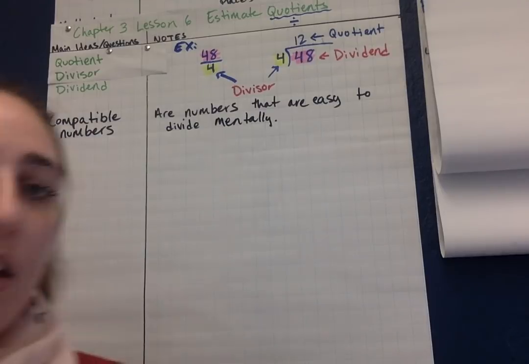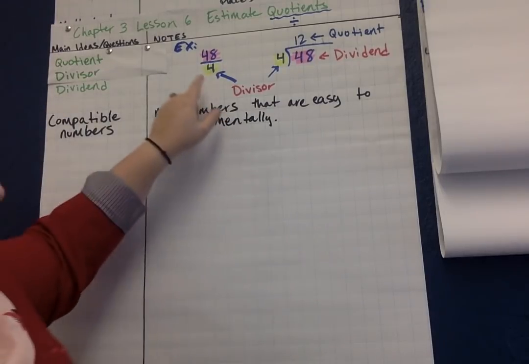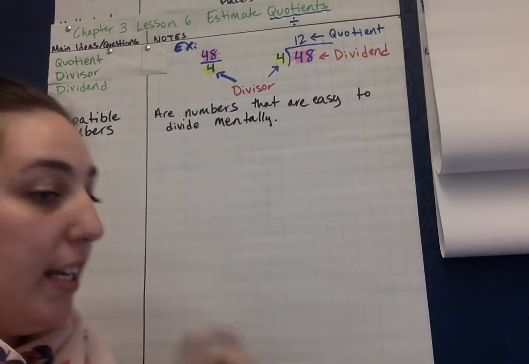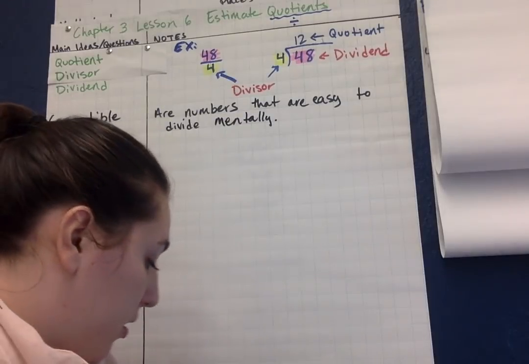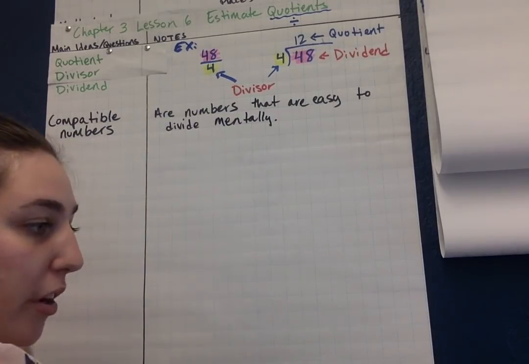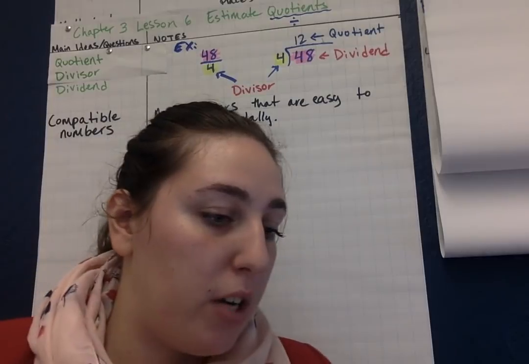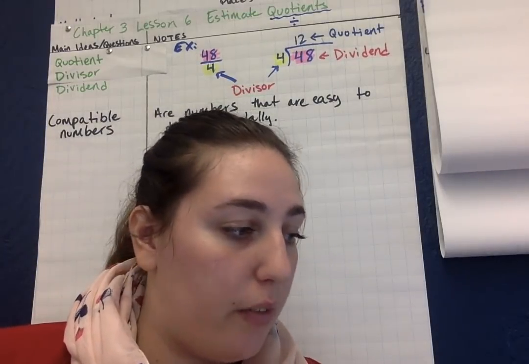In the above problem, 48 divided by 4 was kind of easy to divide mentally, because we know that 4 goes into 48 a certain amount of times, and it goes into 48 12 times.